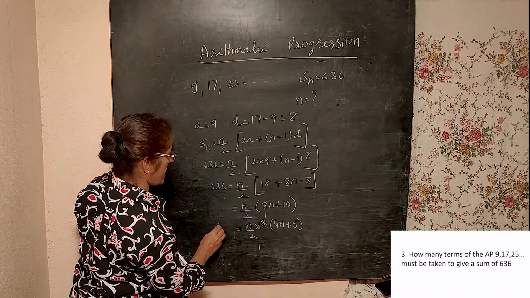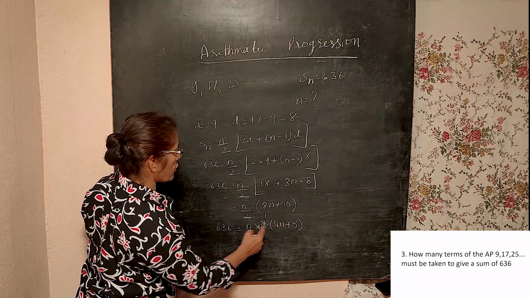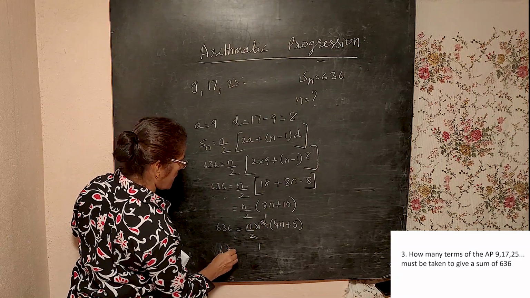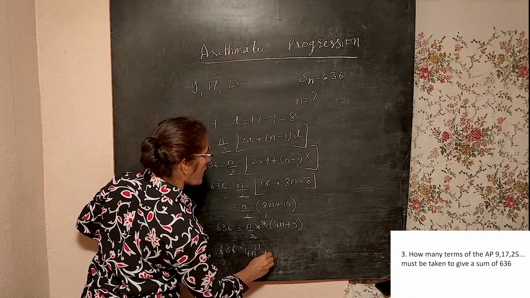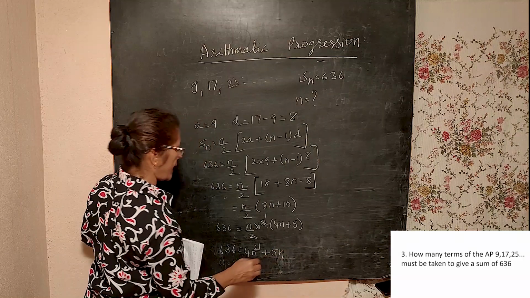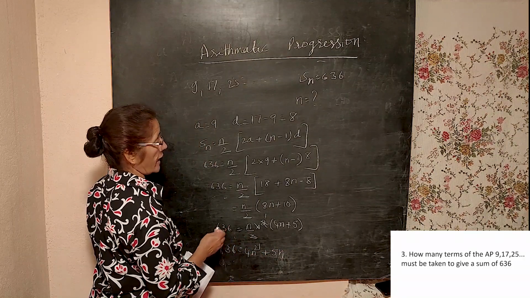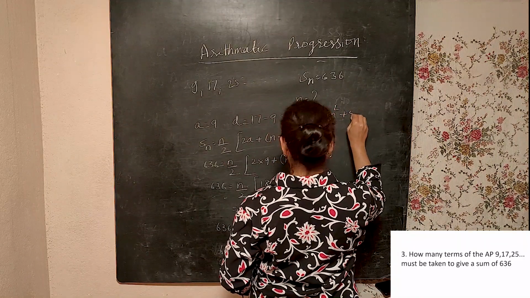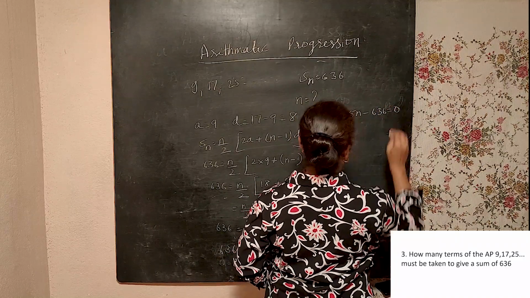So 636 is equal to, let me take out the bracket, what do you get? 636 is equal to 4n square plus 5n. You will get a quadratic equation as 4n square plus 5n minus 636 is equal to 0.